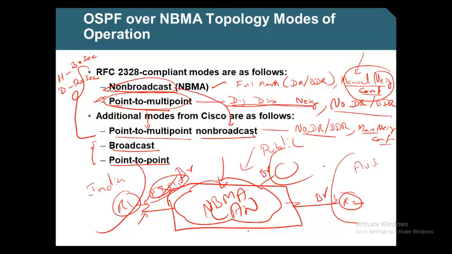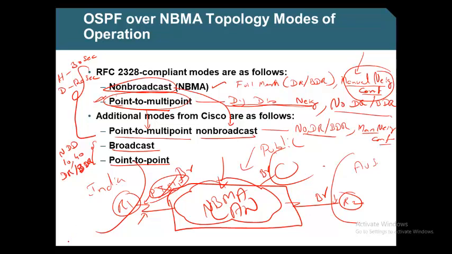What? Neighbors are dynamically discovered. Hello packets are sent every 10 seconds. Dead timer is 40 seconds. There will be DR, BDR. You will have all of this.